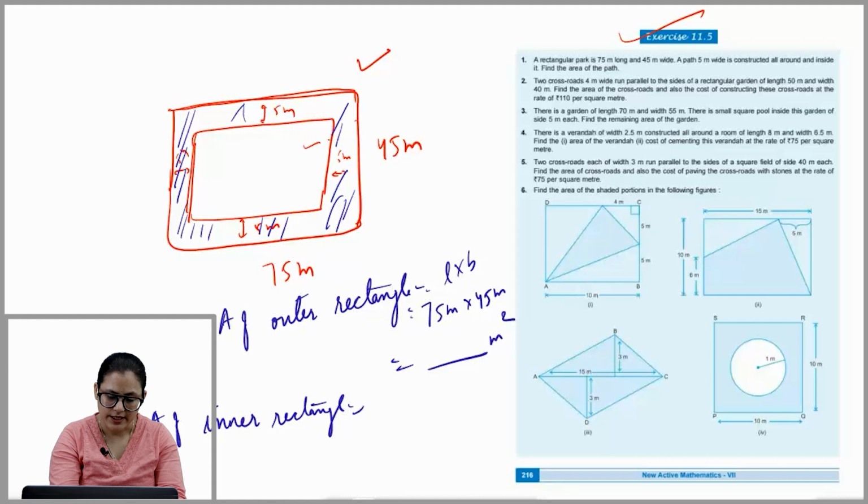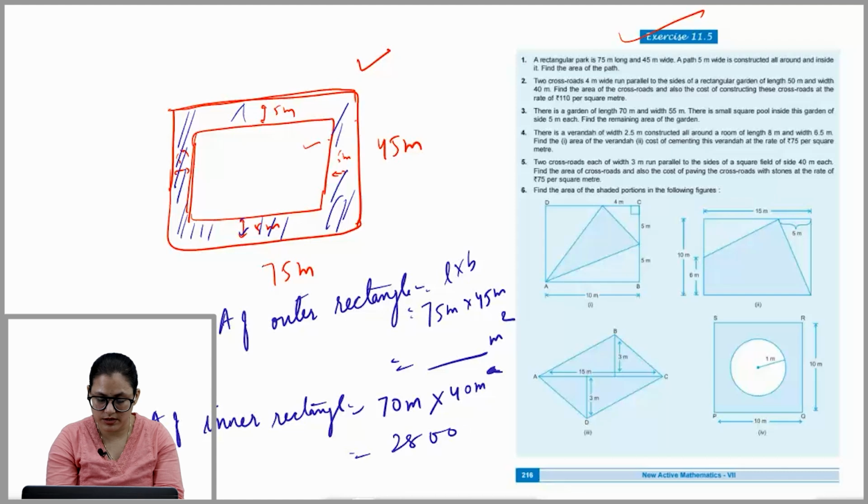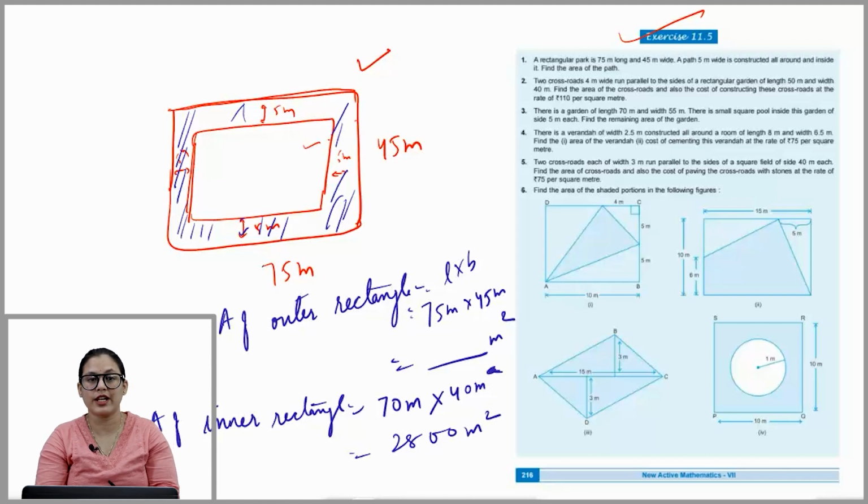Now you will see 75 meters the length, but now we will subtract 5 meter. So 75 minus 5 is 70 meter, into breadth, 45 minus 5 is 40 meter. Now you will have to find the area of the path.